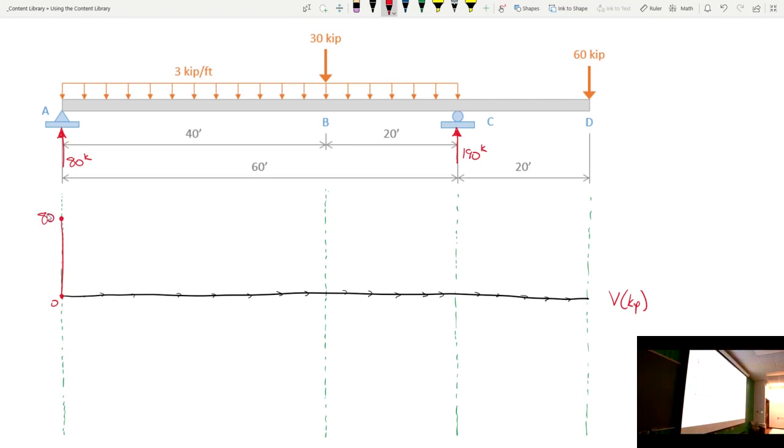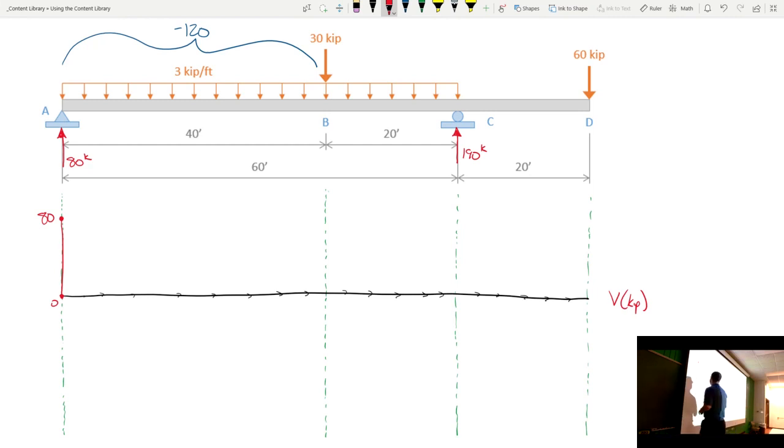Now, I like to handle this one segment at a time. So let's just go from A to B. Somebody help me out. How much load is present from here to here? Negative 120. All right. So, if I'm at 80 and I go down 120, where should I be right here?